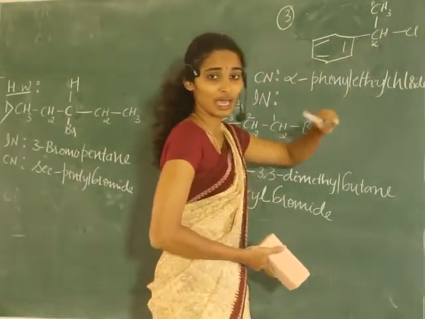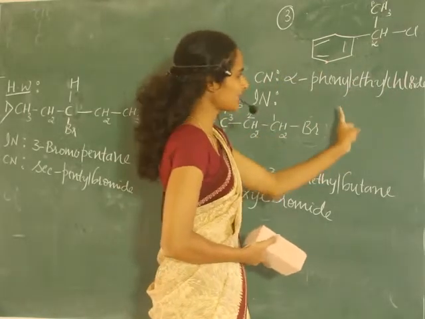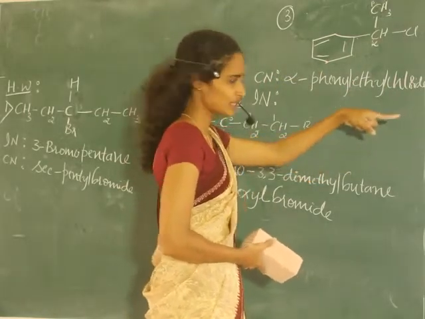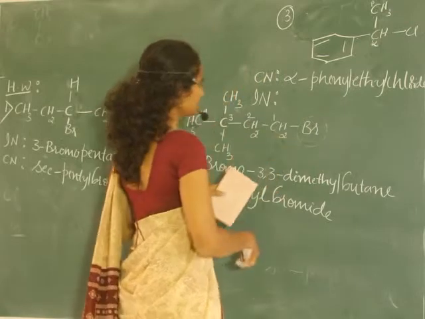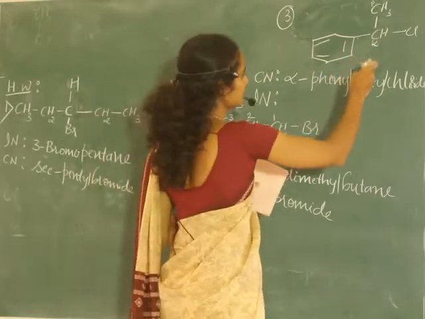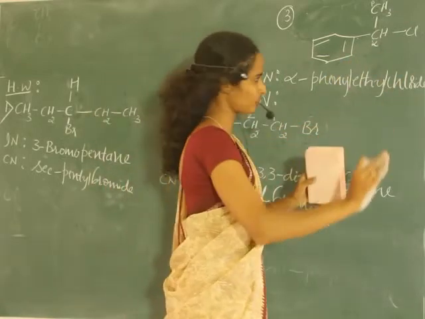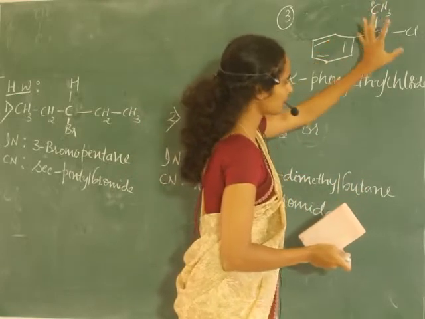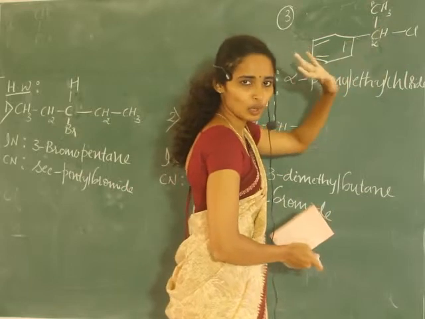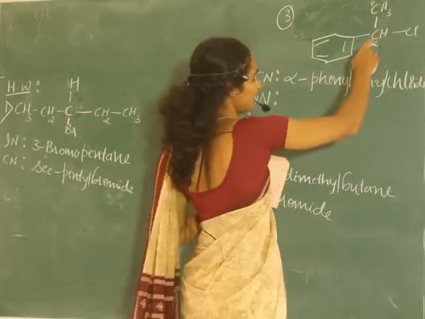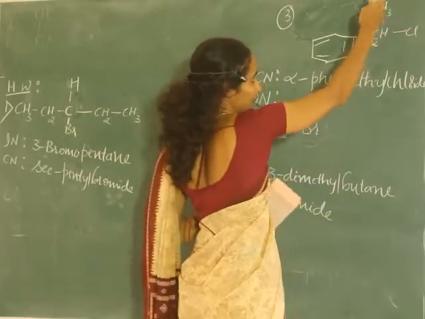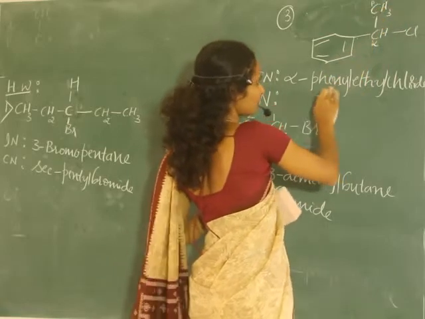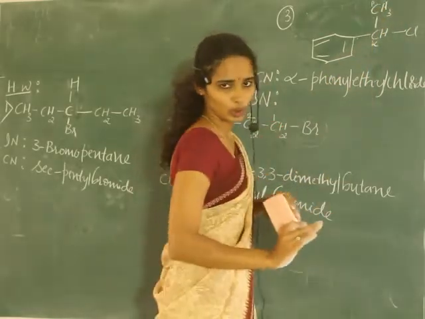We should name it as an alkyl halide, ethyl chloride. Now if it is primary, just benzyl chloride is enough. Instead of CH3, if one CH2 group is there, we can directly name it benzyl chloride, but here one CH3 group is attached, hence we name it alpha-phenyl ethyl chloride.